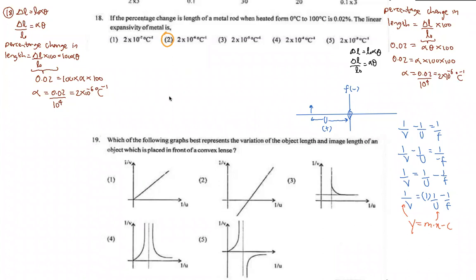Careful. Here there's only one answer with y equals mx minus c. Which one is that? Second one, right? Because this graph is in y equals mx minus c format.